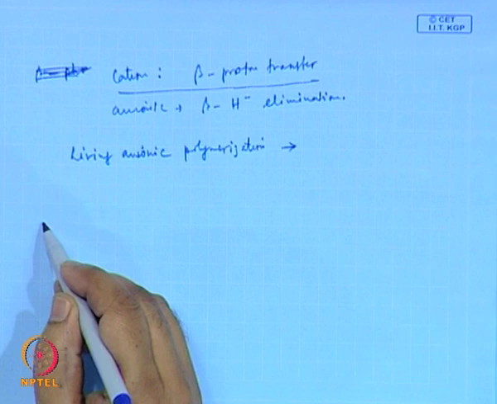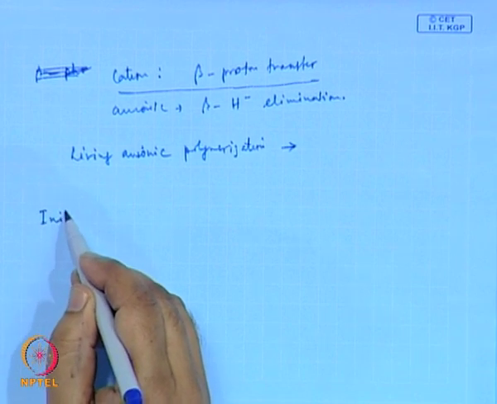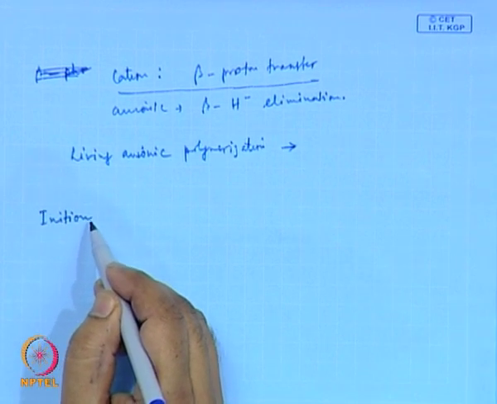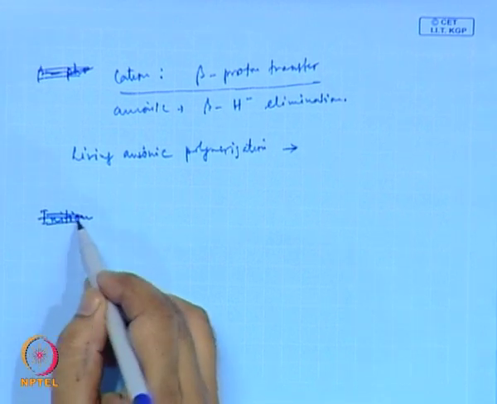Now, let us talk about the 3 steps: initiation in case of anionic polymerization.